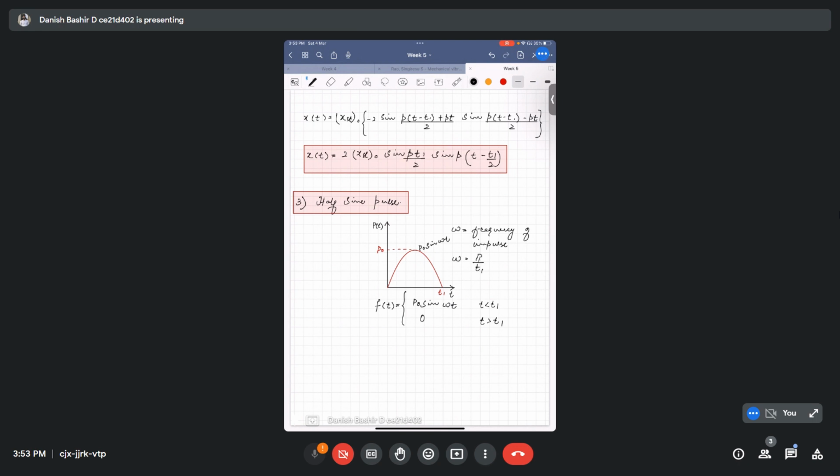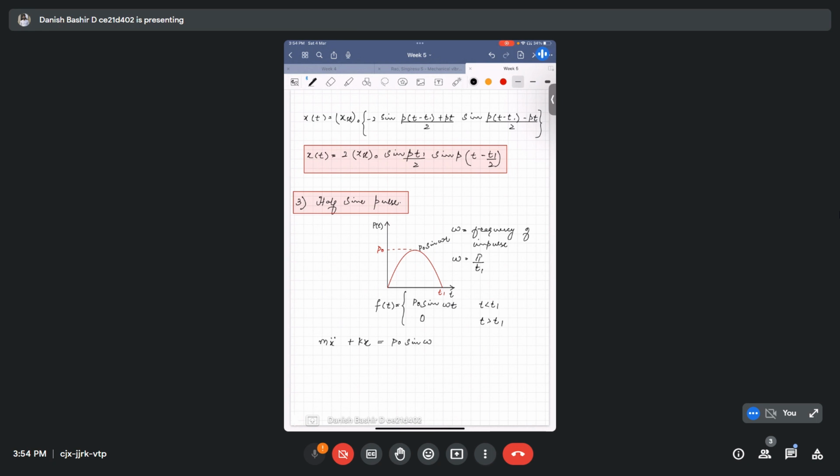So our governing differential equation will be, again considering that damping is not present, and later we can extend it to damped systems also. That's very easy because I showed you in the earlier case how we can extend it to damped systems. So m x double dot plus k x is equal to p naught sine omega t.